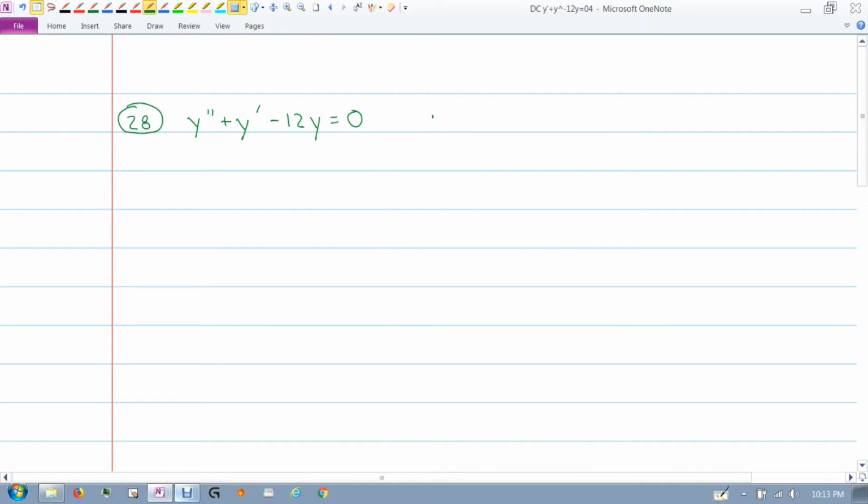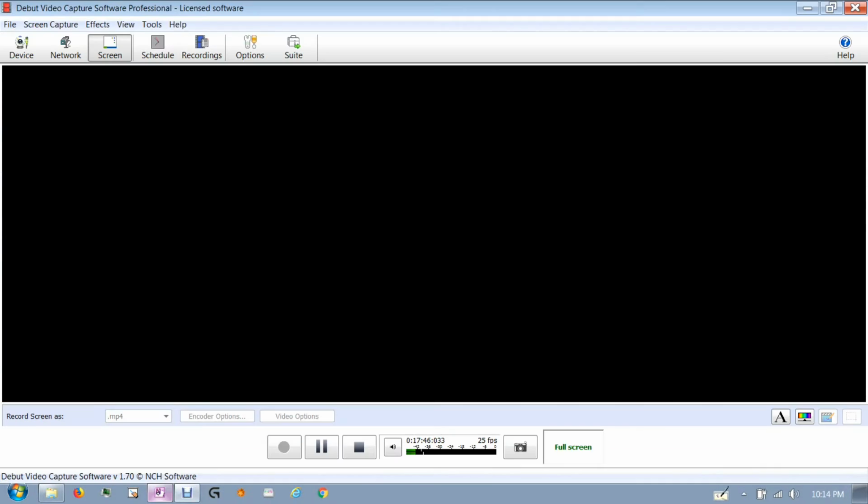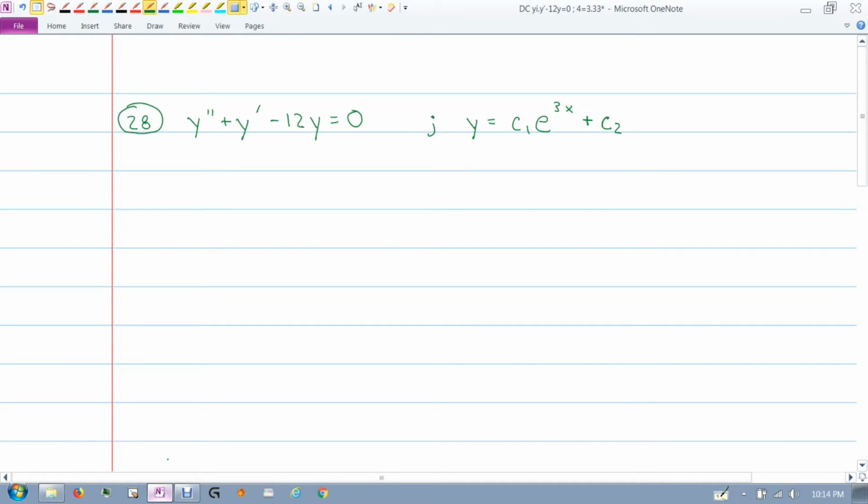And the function we're working with is y equals c sub 1 e to the 3x, golly this thing, and then plus c sub 2 e to the negative 4x.